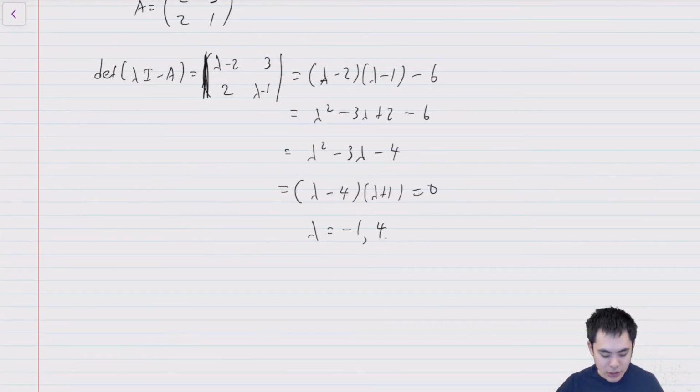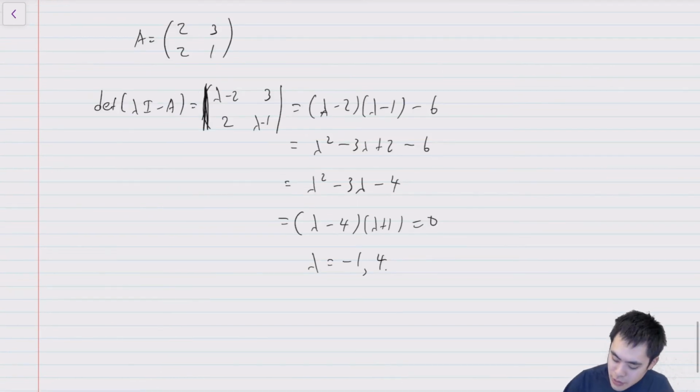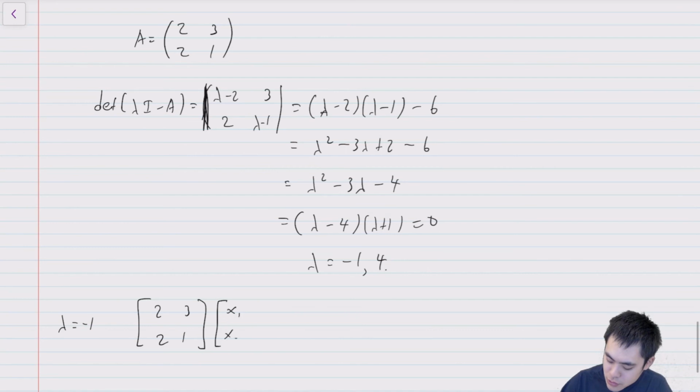And we can also compute eigenvectors. So let us actually compute the eigenvectors. If we have the matrix [[2, 3], [2, 1]], let's do this for lambda equal to minus 1 first, times x1, x2, is equal to minus x1, minus x2.